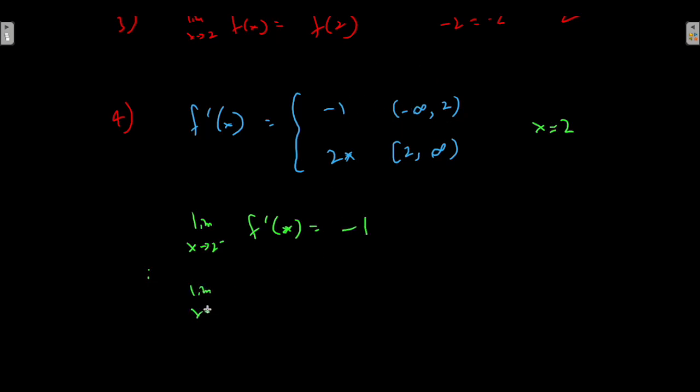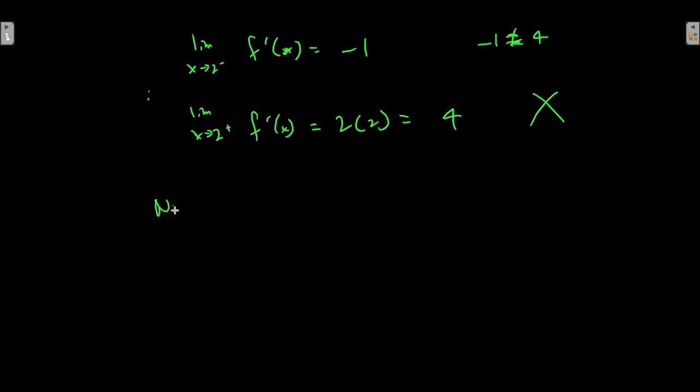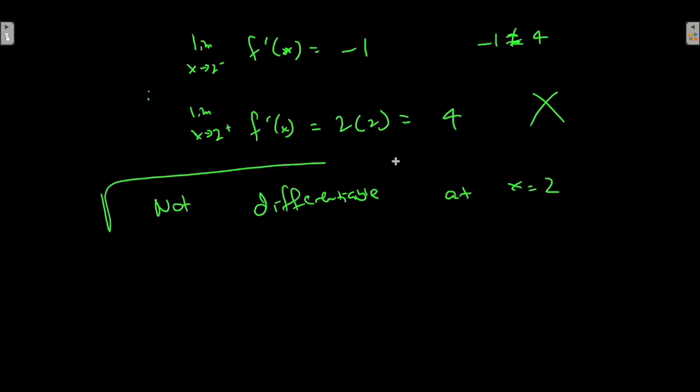And then the limit as x approaches 2 from the positive side, 2x, of f prime of x is equal to 2 times 2, which is equal to 4. Okay, wait, so -1 does not equal 4. That means this is false. So that means this function is not differentiable at x equals 2.